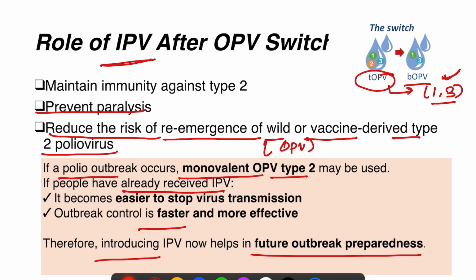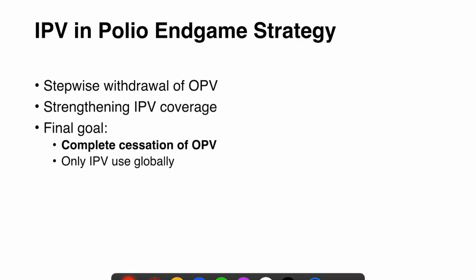So, to summarize, the important role of IPV in the NIS after the OPV switch is that it helps to maintain the immunity against type 2 polio virus, which was removed in the bivalent OPV. And the second reason is, if an outbreak happens in the future, it will be easy to control if the people are already vaccinated.